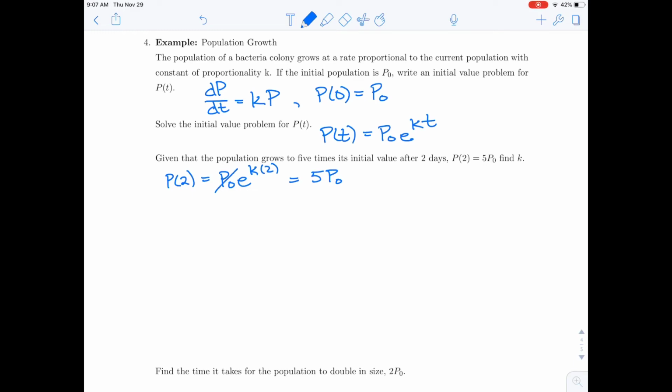Notice that we can divide by P sub 0, and we just have that e to the 2k is equal to 5. We can isolate k by using a natural log. Natural log of e to the 2k is equal to natural log of 5. And that tells us that 2k equals natural log 5, or that k is equal to 1/2 natural log of 5.